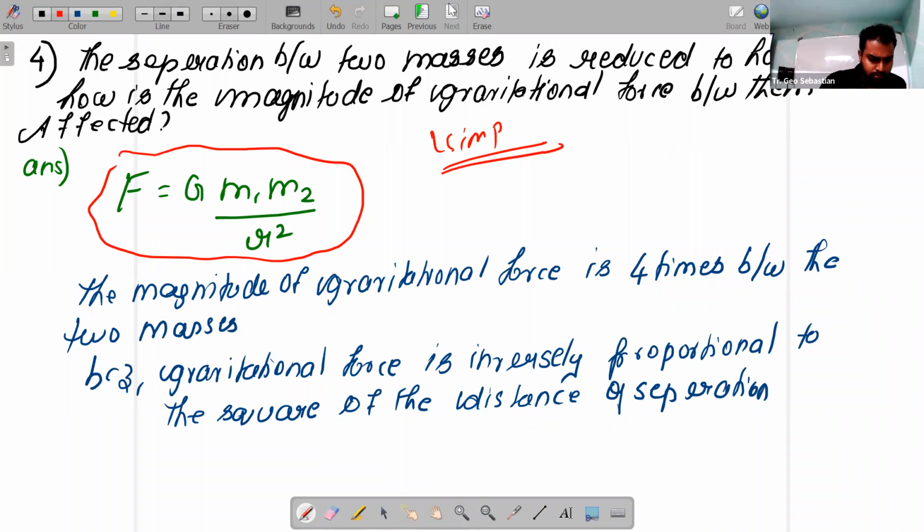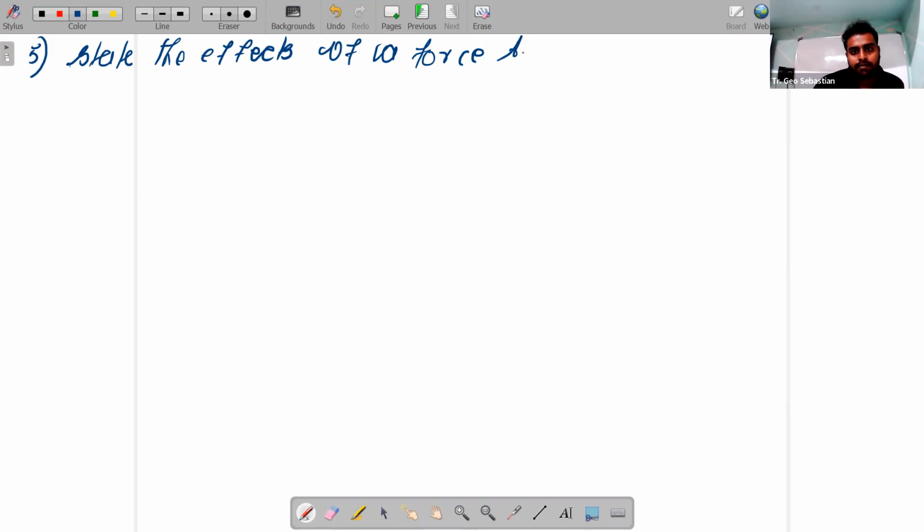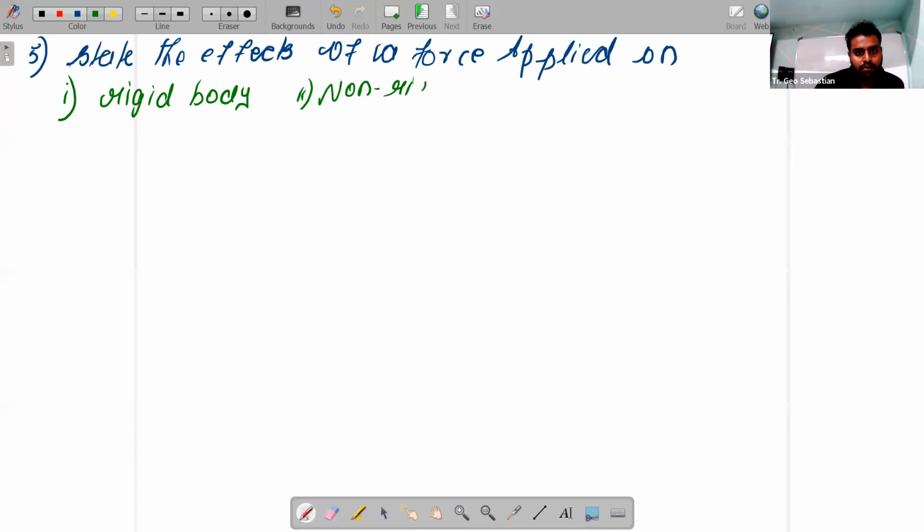Next one. Please write first. Next one, important question: state the effects of a force applied on first one, rigid body, second one, non-rigid body.